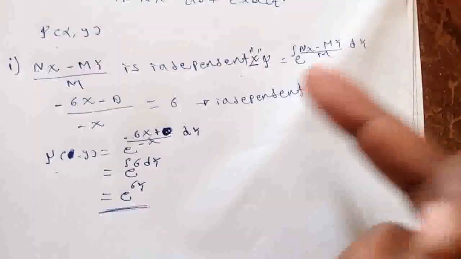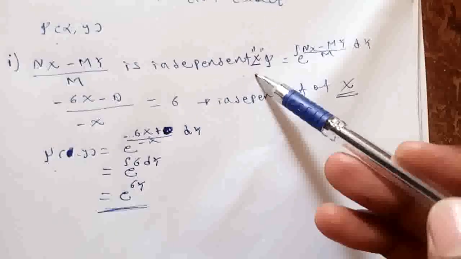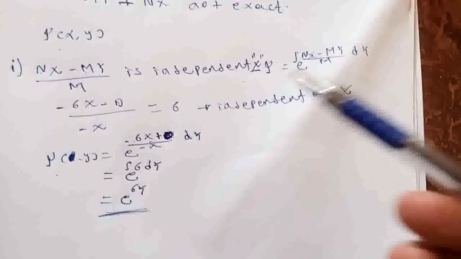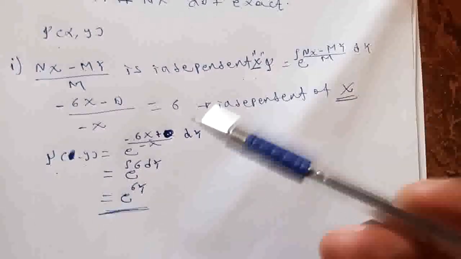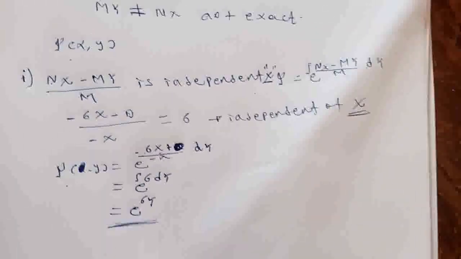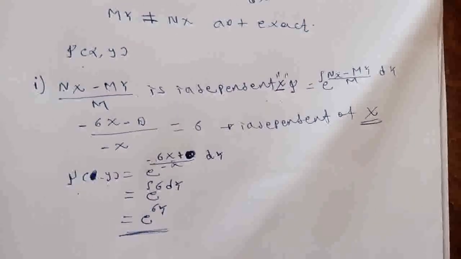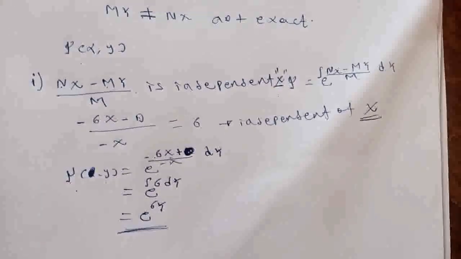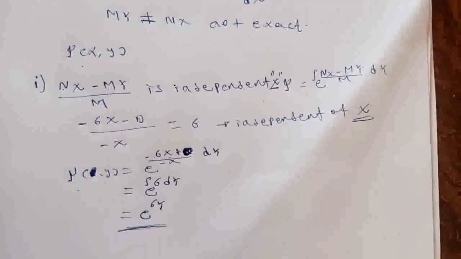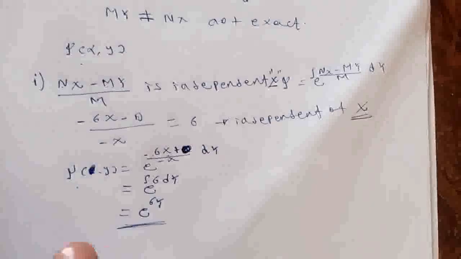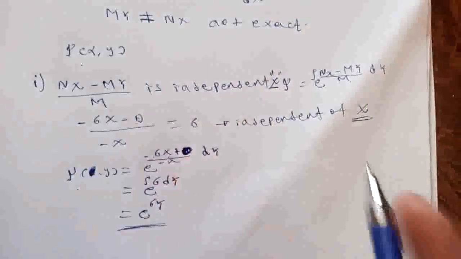This one is dy because here it is simply independent or free of x. For the other case, if possible, I will try to do another example regarding this one.